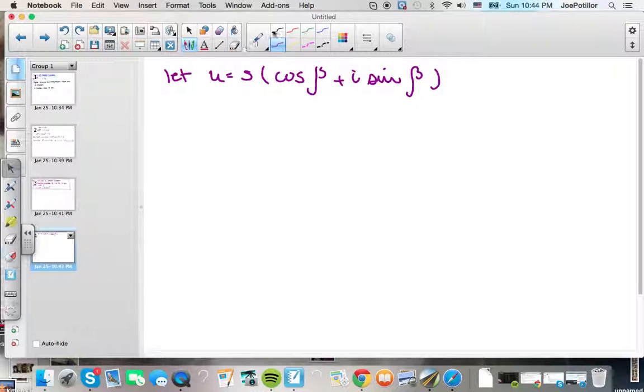And we'll let z equal r times cosine theta plus i sine of theta. Everybody agree with me so far? Well, I'm defining what I'm working with. So now that I've defined what I can work with, you know that if I use De Moivre's theorem, z is equal to u to the n.